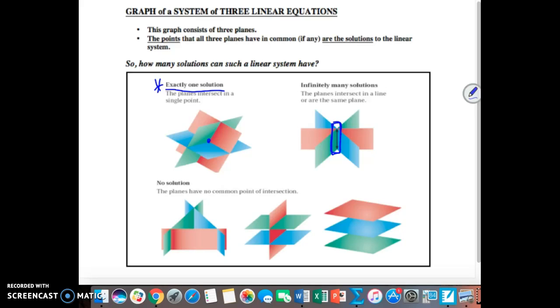What I boxed in blue is the plane where the three planes intersect. And the bottom three examples are examples of three planes having no solutions because they share no points in common. Even though there could be two planes that intersect, in order for you to have a solution, you need 3 planes with points of intersection.